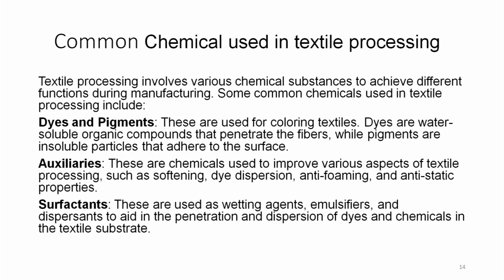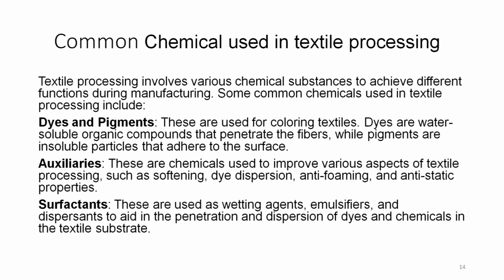These are used for coloring textiles. Dyes are water soluble organic compounds that penetrate into the fiber, while pigments are insoluble particles that adhere to the surface. So, there is a difference between dyes and pigments, and this difference has to be understood very clearly.